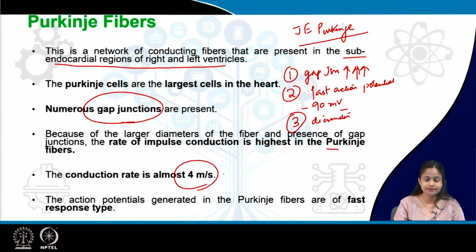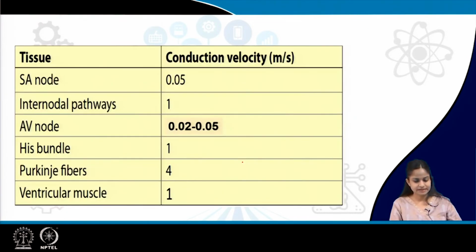The rate is usually 4 meter per second, and the action potentials generated over here are of the fast type. So we have seen the various conducting fibers' rates. 4 meter per second is very important, the maximum speed of conducting fibers, that is the Purkinje fibers in the heart, and very slow, the minimum, we have at the AV node, that is 0.02 to 0.05, to be very specific 0.02 meter per second.